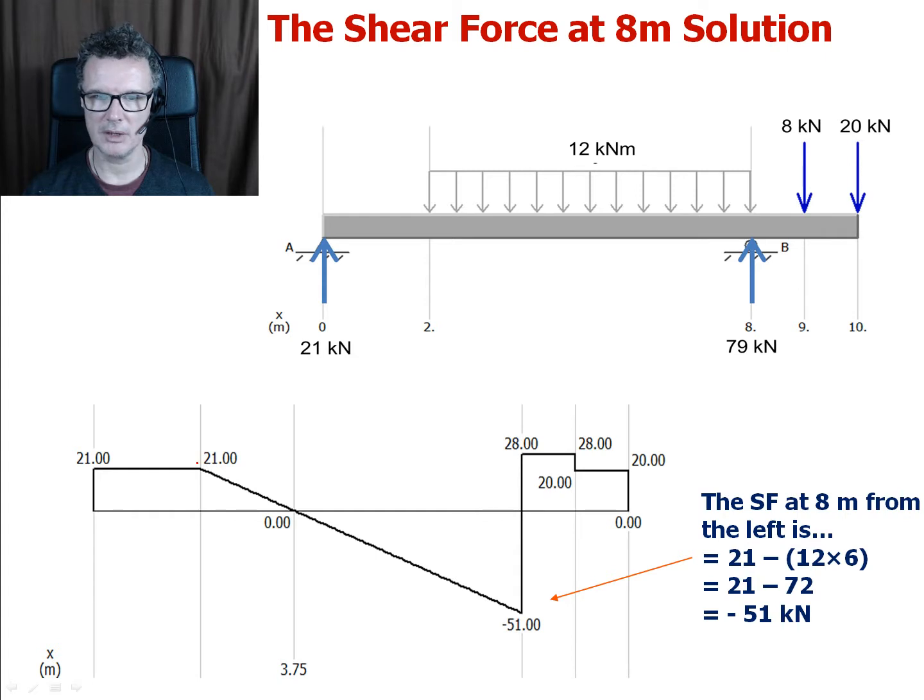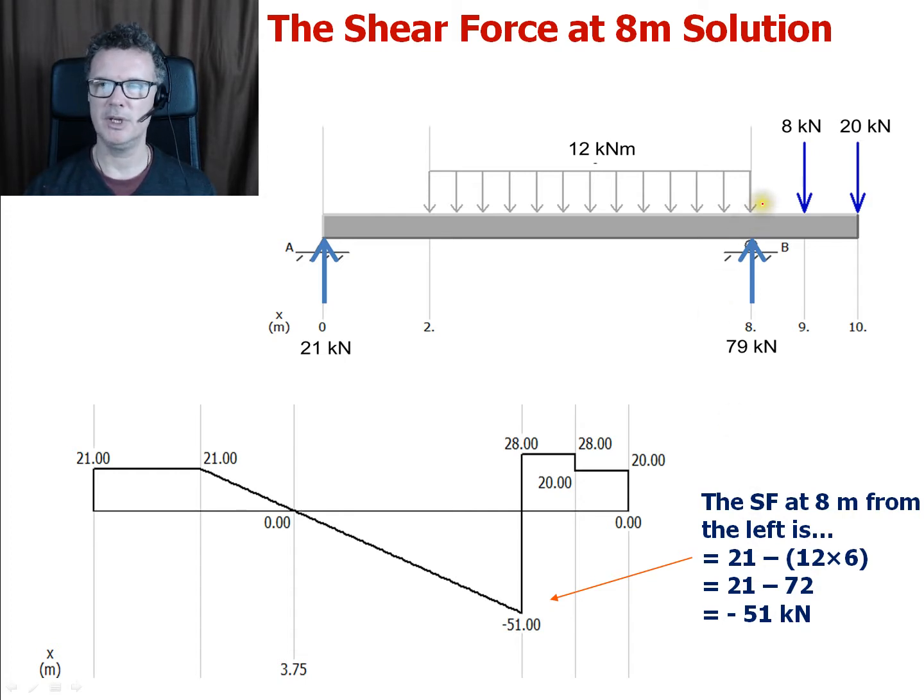So we would have 21 take away 12, what's the distance from here to here? It's 6. So 21 take away 12 times 6, which will give me 21 take away 72, which gives me minus 51. So that's the one way to do it.